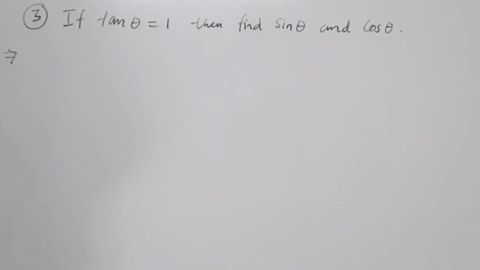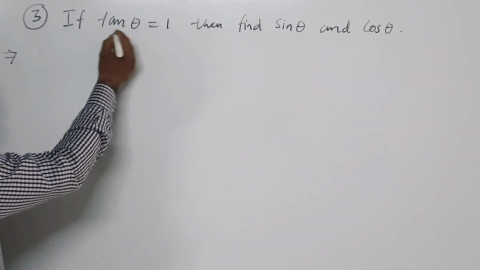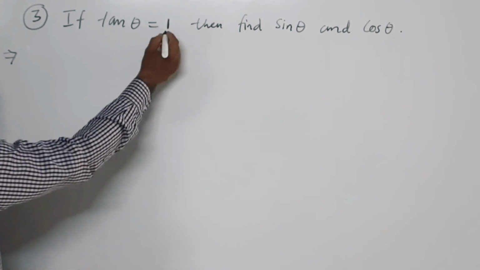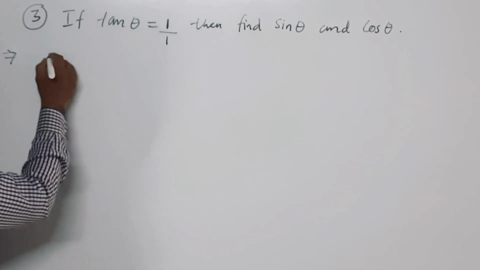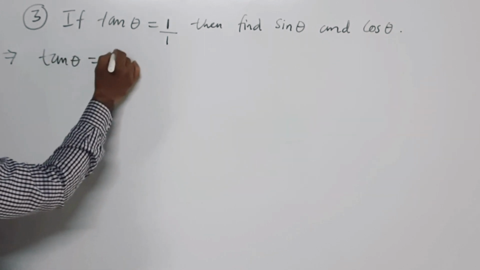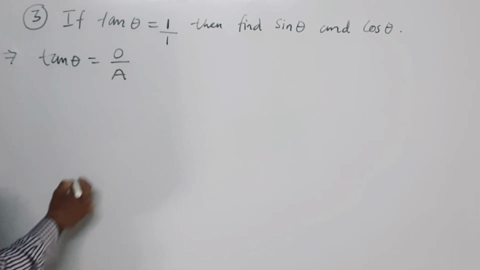Third example: if tan theta is equal to 1, find sin theta and cos theta. Now here tan theta is equal to 1, means numerator is 1 and denominator is also 1. We know that tan theta is equal to opposite side upon adjacent side.